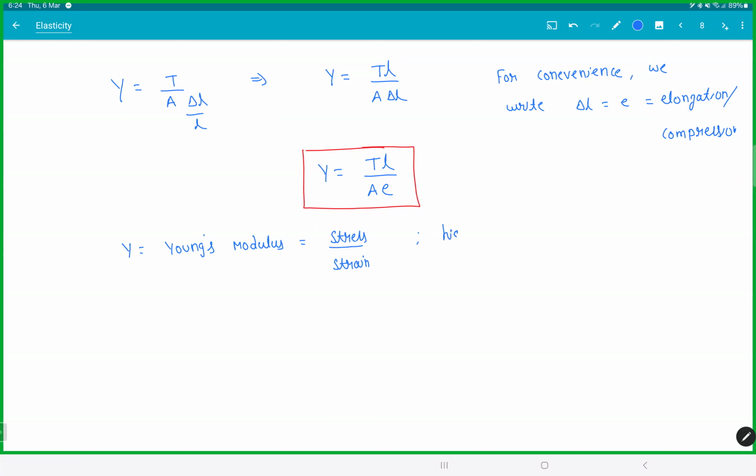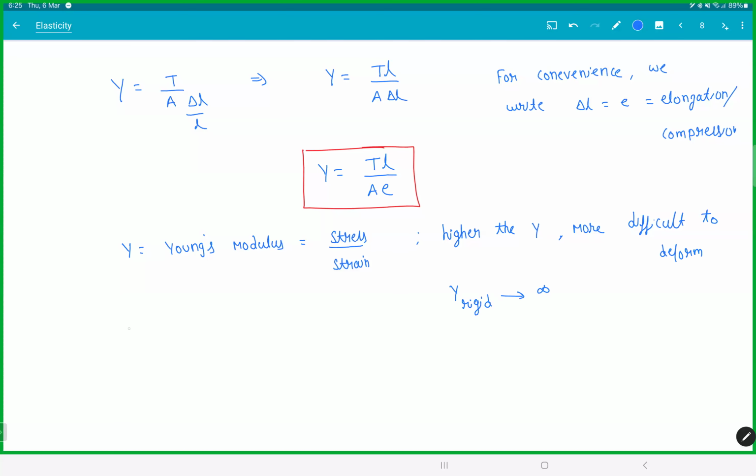The higher the Young's modulus, the more difficult to deform the body. So Young's modulus will tell you how strong the material is. For a rigid body, what is the value of Y? Y for a rigid body tends to infinity.